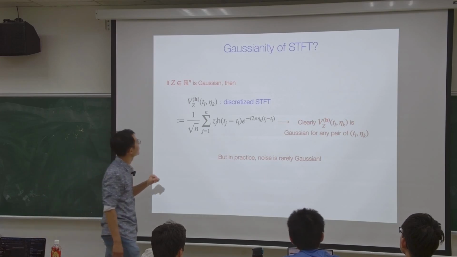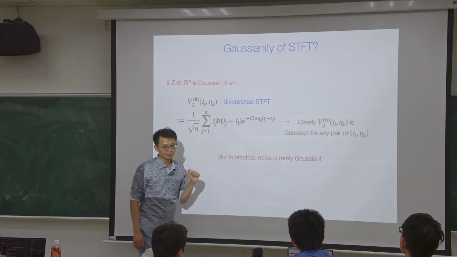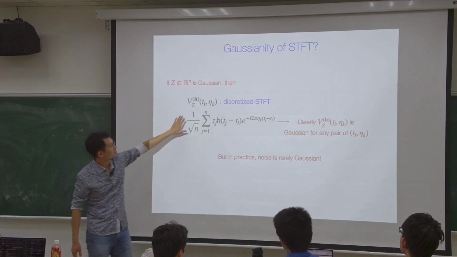So you remember, this is the short-time Fourier transform, and you can discretize it.